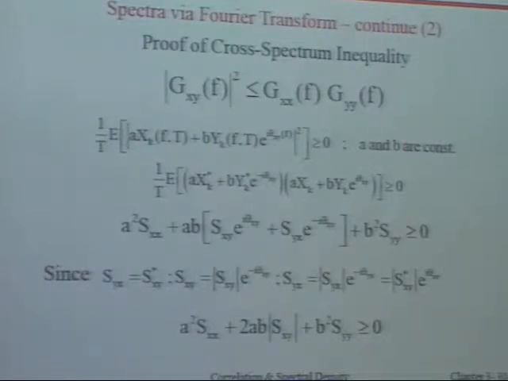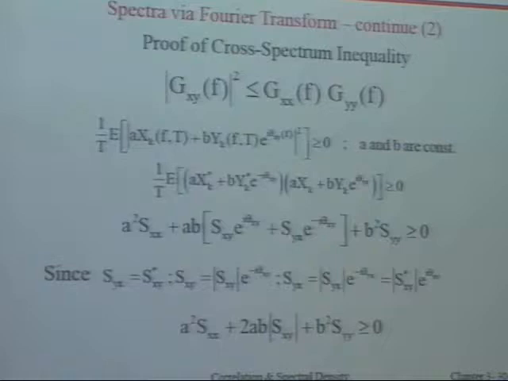Coherence function. We covered that Monday. I briefly mentioned that it's really a measure of noise contamination. In this equation set, what's the range of the coherence function? 0 to 1.